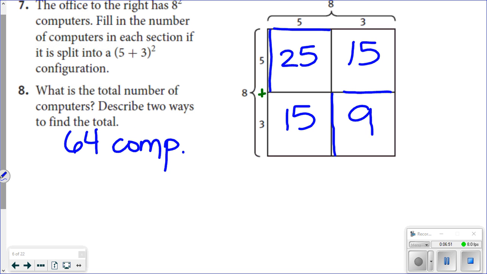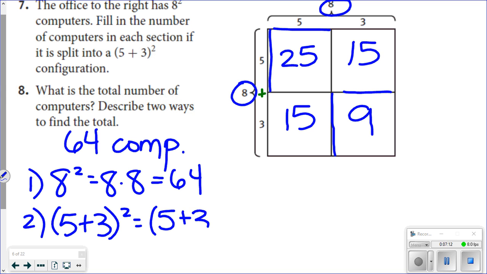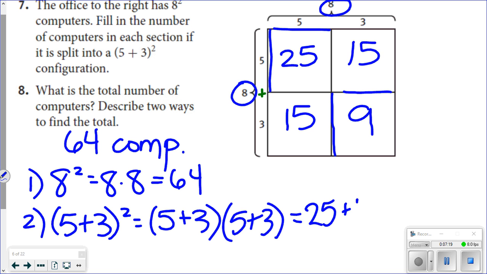Well, they told us 8 squared. 8 squared is 8 times 8, which was this total side multiplied by that total side, which gives us 64. Another way to do it is to think about 5 plus 3 squared, or 5 plus 3, multiplied by 5 plus 3, which equals 25 plus 15 plus 15 plus 9, which gives us 64.